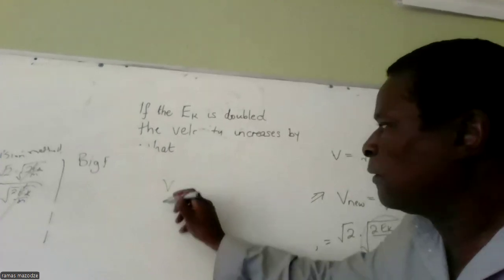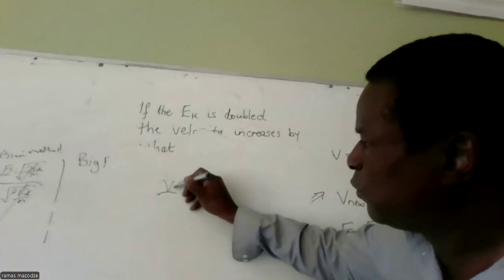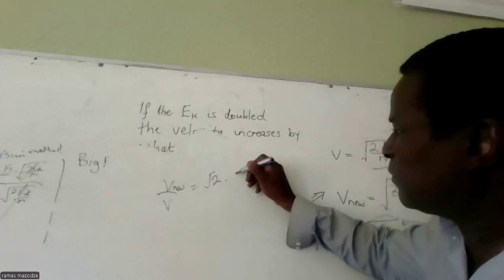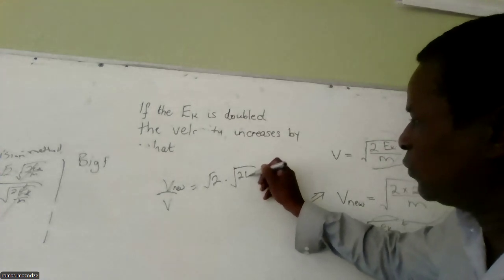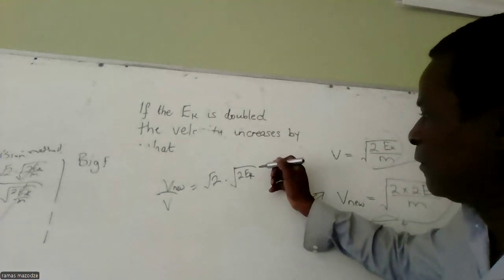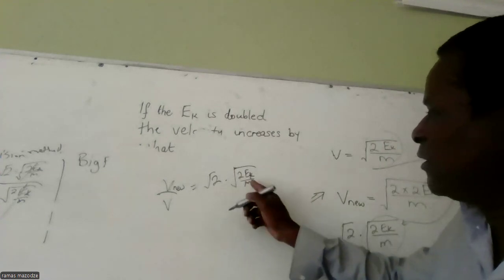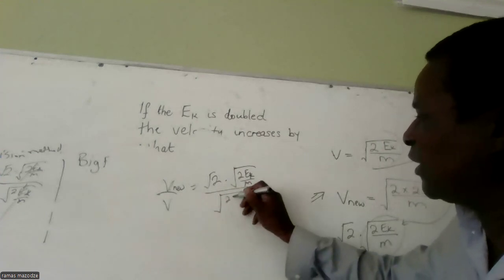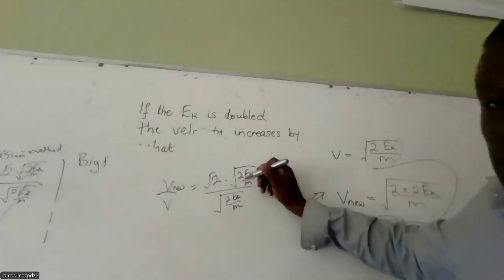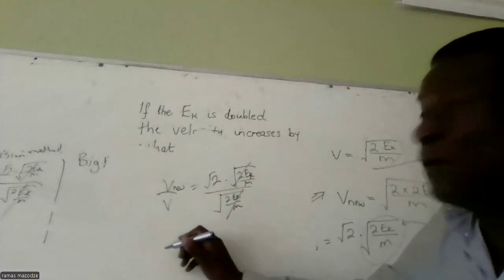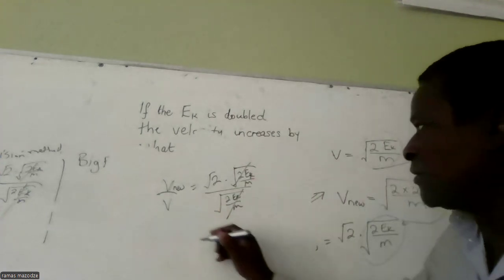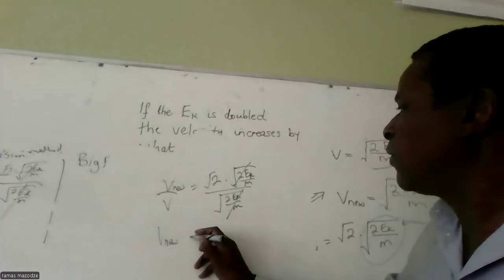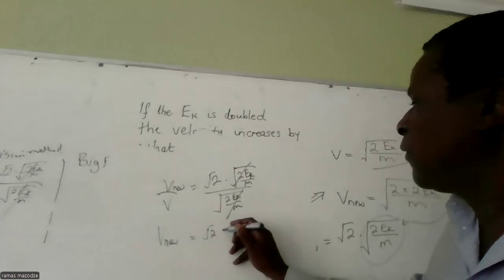V new over V is equal to square root of 2 times the square root of 2 EK over M, over the square root of 2 EK over M. And then obviously this cancels, and this cancels, and then we have V new equals square root of 2 V.